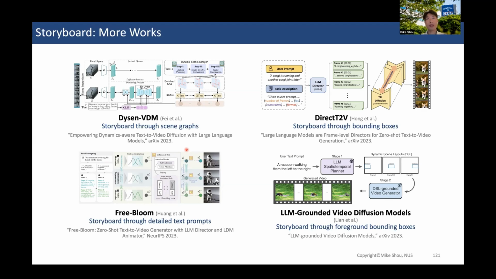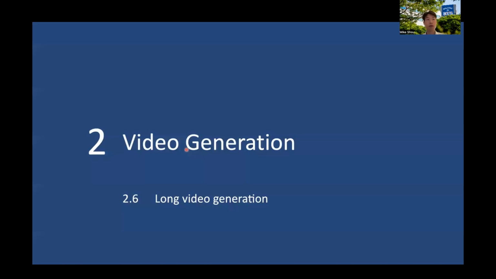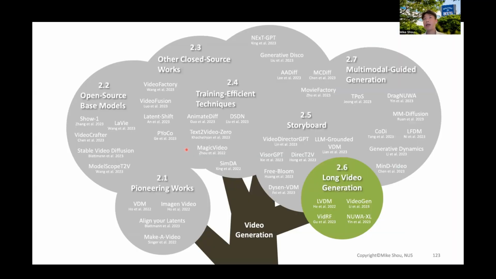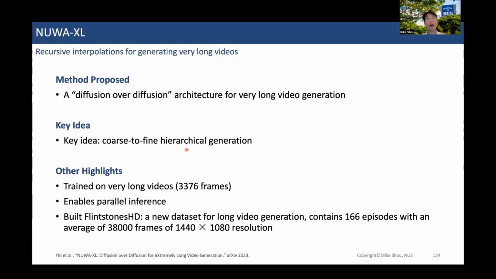So far, in this part we have mostly been talking about these intermediate annotations. Sometimes the video to be generated is not so complicated, it's just long. There is also a lot of work in this direction of long video generation, how to generate long videos. The one we'd like to talk about is this new XL model from Microsoft, I think.